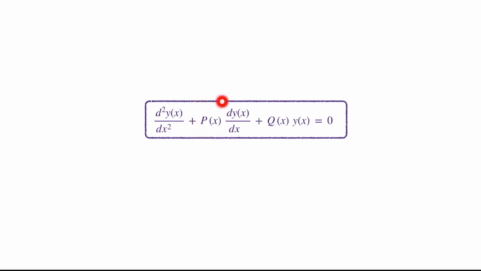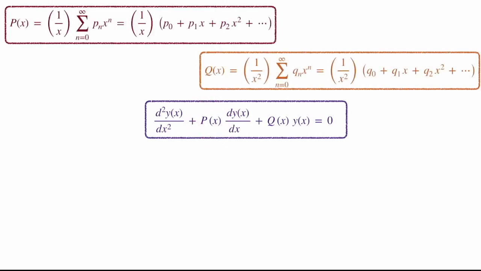In this case, p of x can be expanded in terms of a power series as p of x is equal to 1 by x, sum over n going from 0 to infinity, p n x to the power n, or explicitly as 1 by x into p0 plus p1x plus p2x square, and so on.